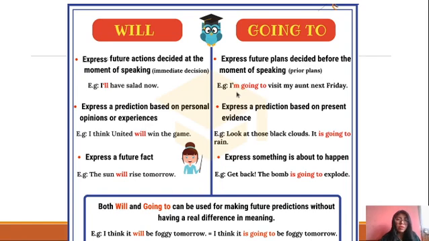Right now you know that I am using will because that is a spontaneous decision. But if I use I am going to visit my aunt next Friday, you know that I am using going to because that is a prior plan. But both sentences are correct. So it's important that you know the difference between both tenses.